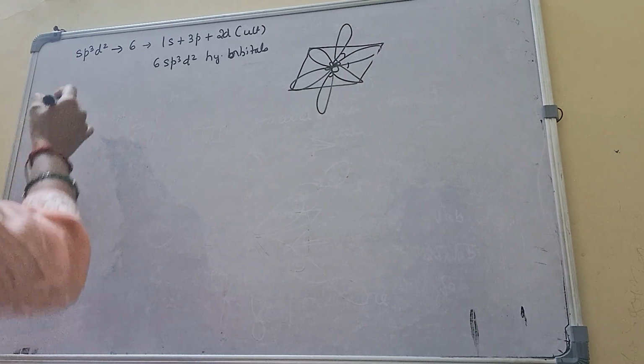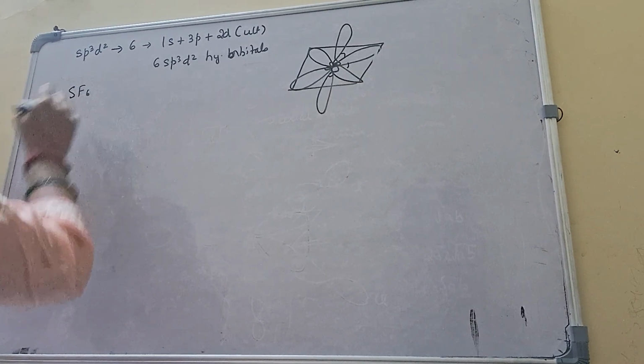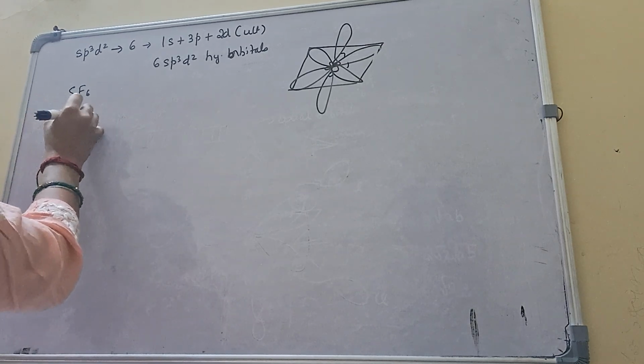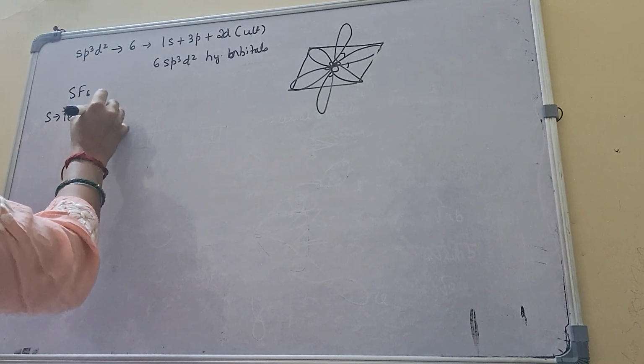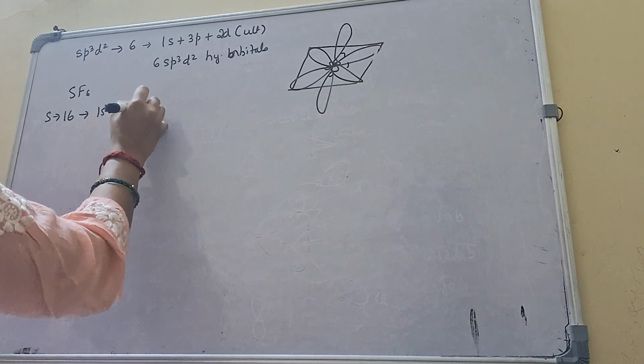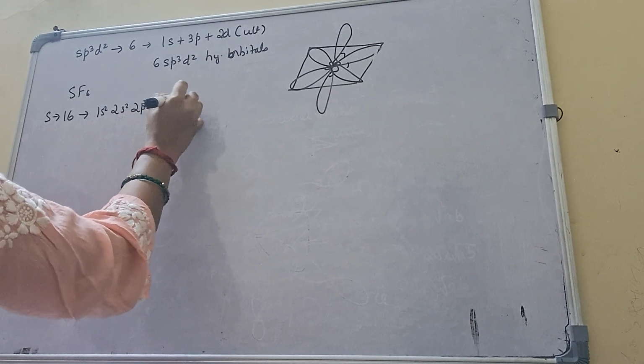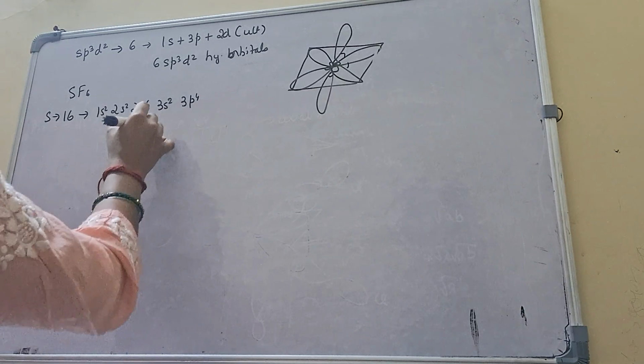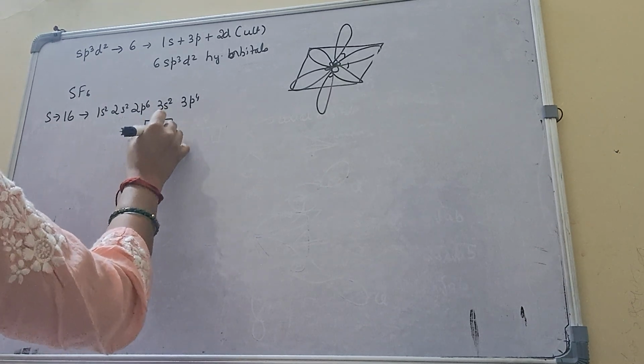Okay, so let us now take an example. That's all I have to tell here. So the example is sulfur hexafluoride, correct? So sulfur atomic number is 16. Let us write it: 1s2, 2s2, 2p6, 3s2, 3p4. Next, it just comes after phosphorus, right? So what will be the configuration here?